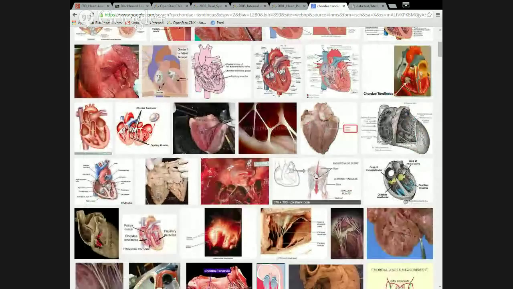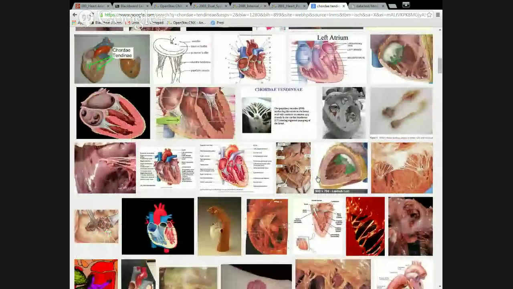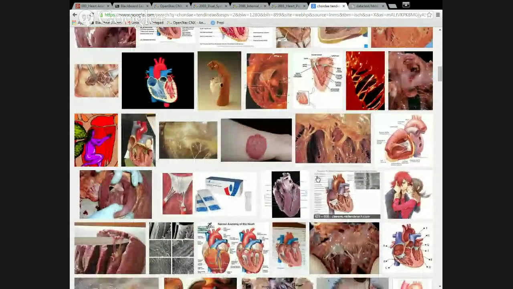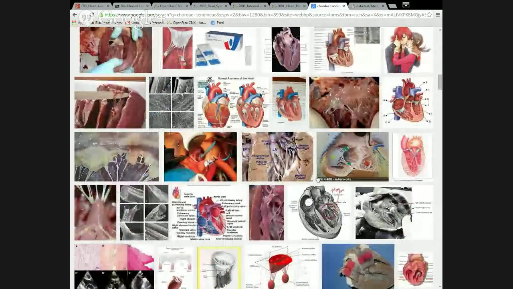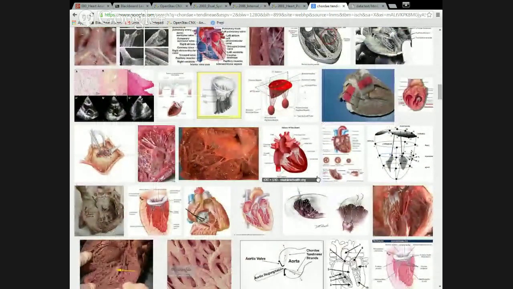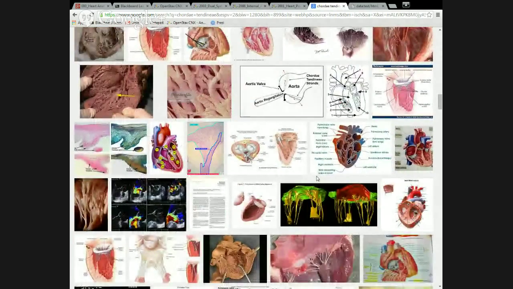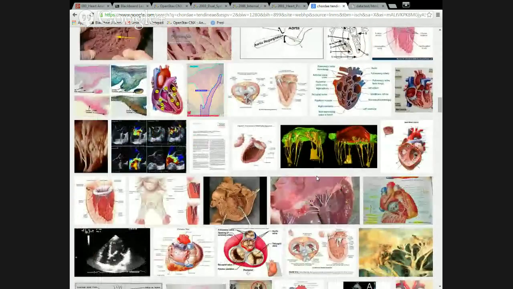This is half of the image I want right here, but not the important half. Oh, come on. There's not a good representation that I want here.